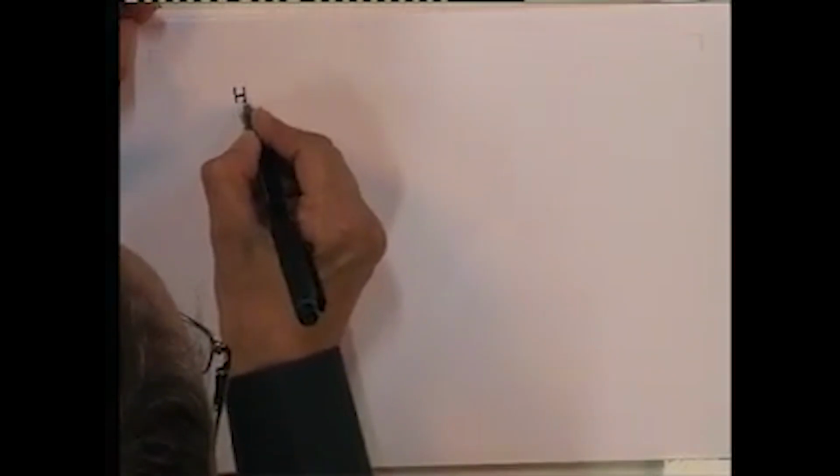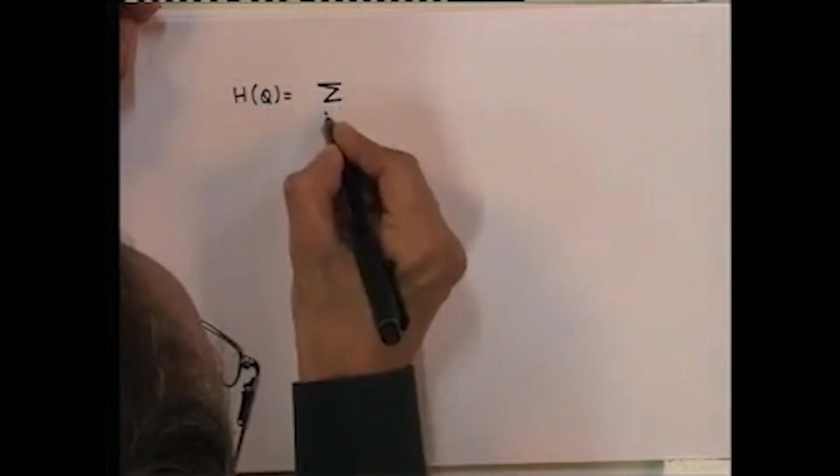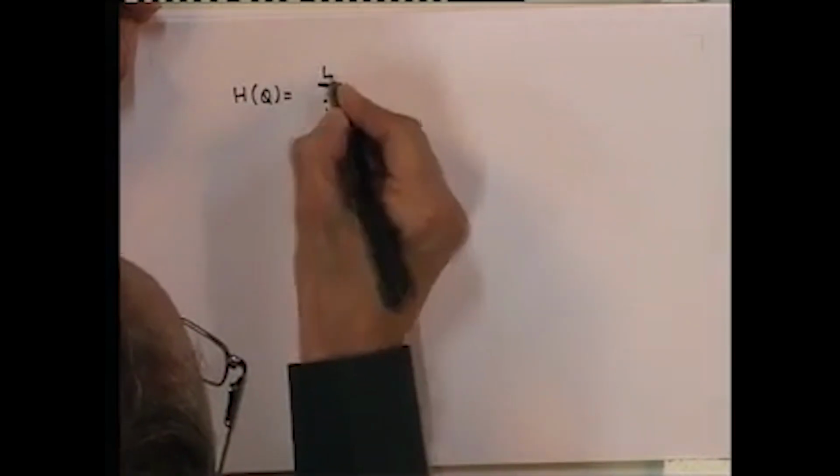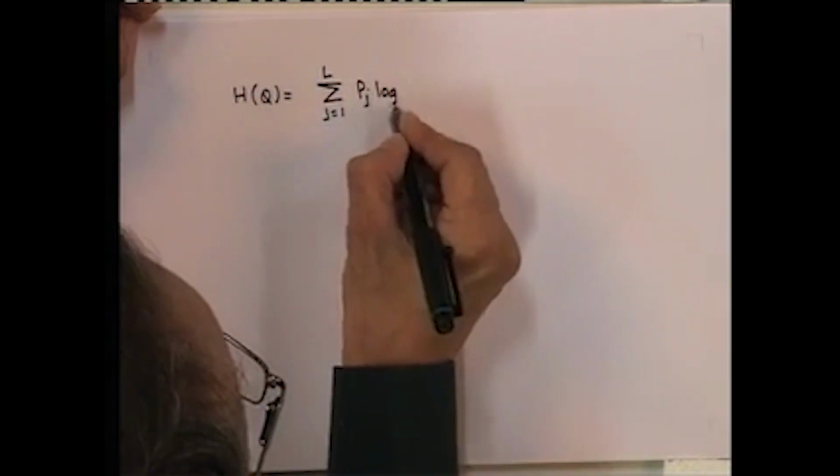Now, the quantizer entropy is given by H q is equal to minus summation P j log P j.